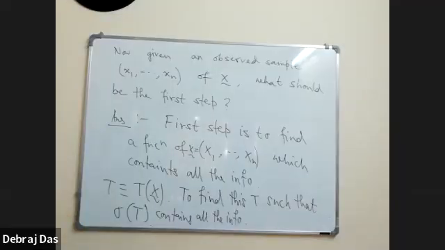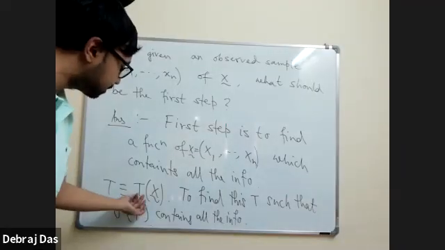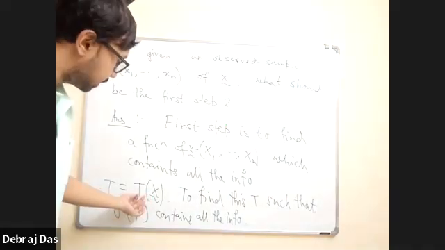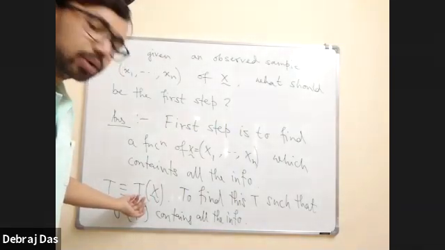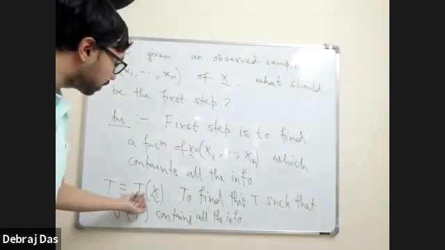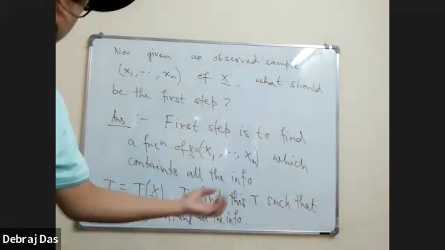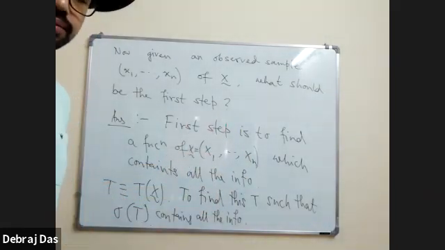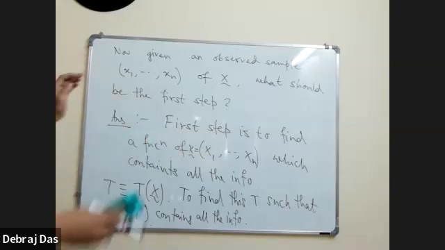If this T has only one component, then you are simply looking into the T inverse of Borel sets of the real line. And if it is multivariable, then Borel sets of R2, R3, RD for some D greater than or equal to 1. Okay.